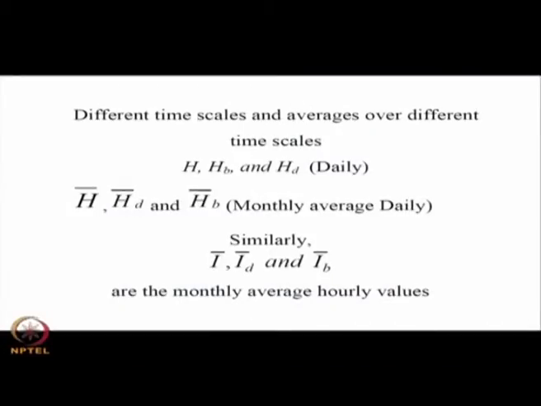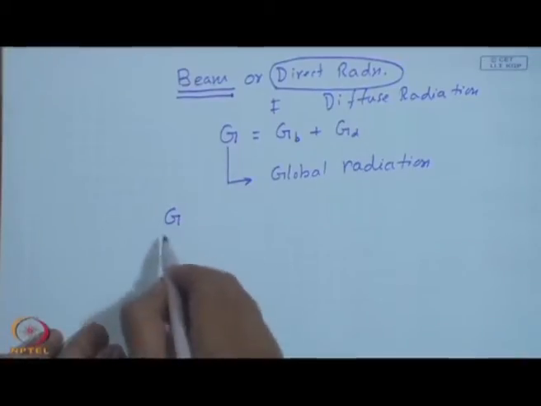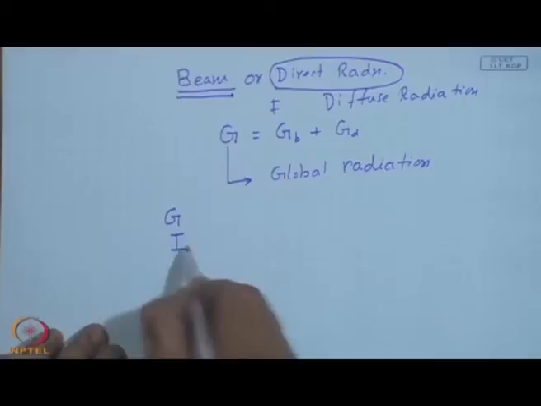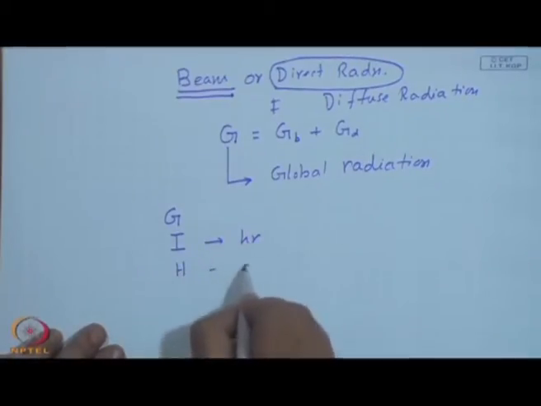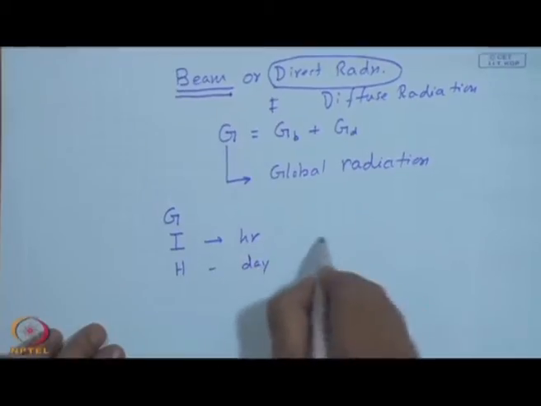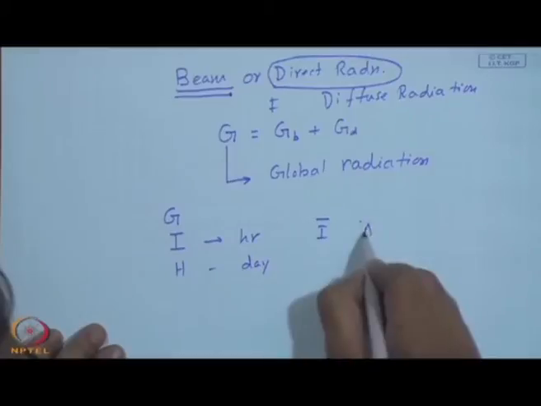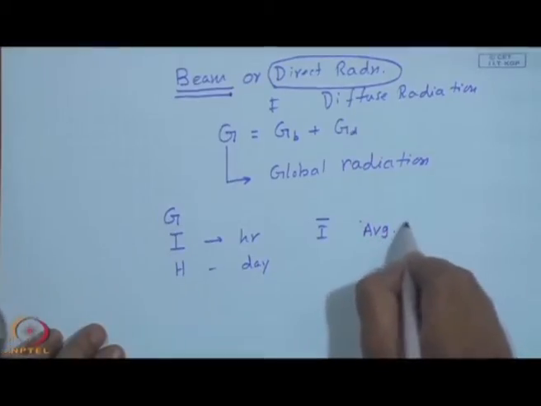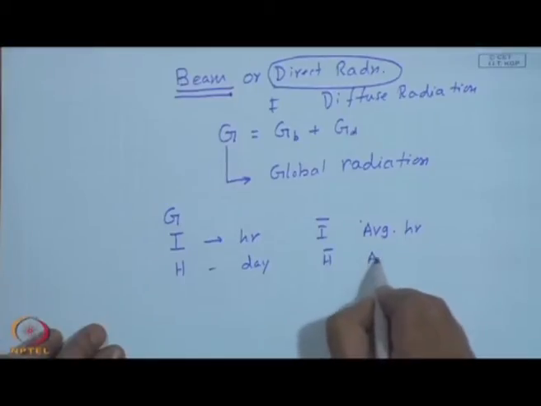Now, if G is the intensity, then I can choose different time scales: I for an hour, H for a day, an I bar for an average hour, which I will define a little later, and an H bar for an average day.